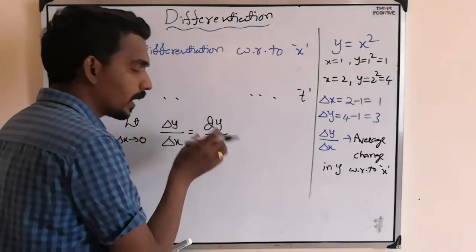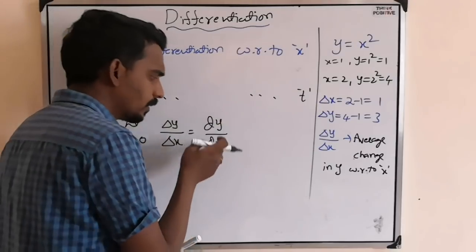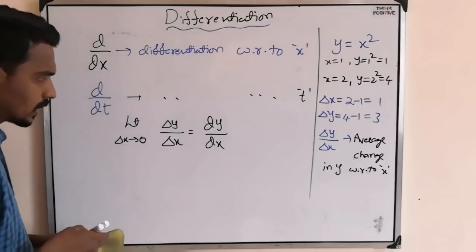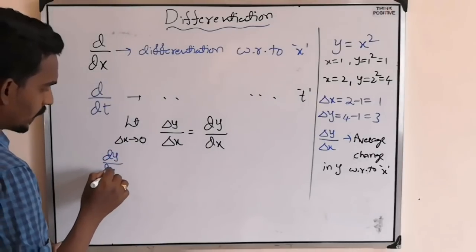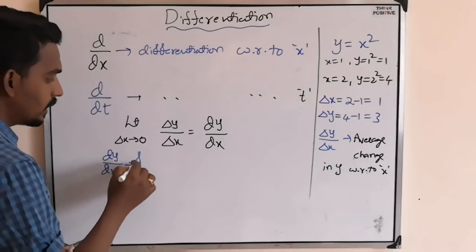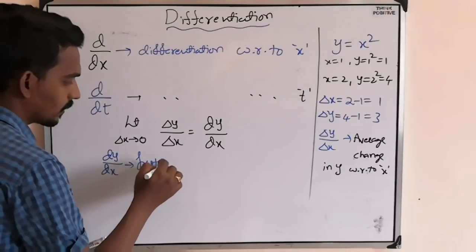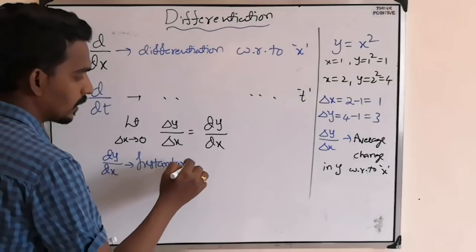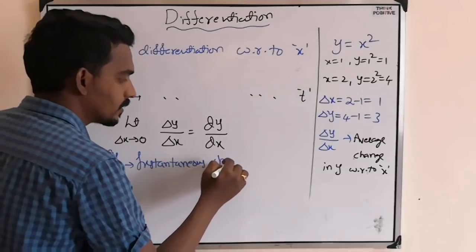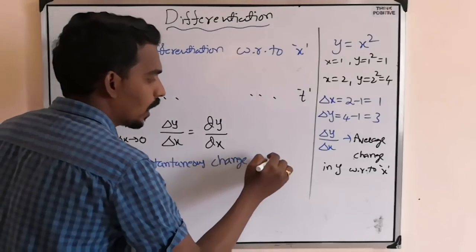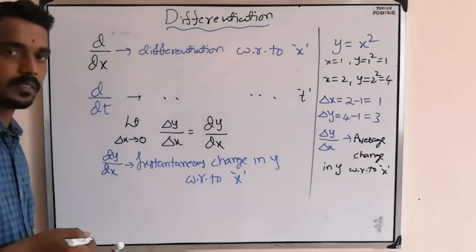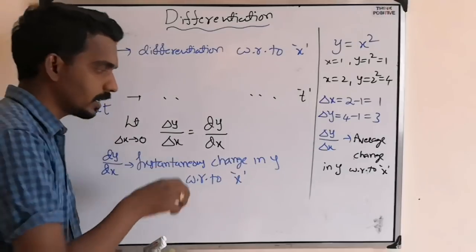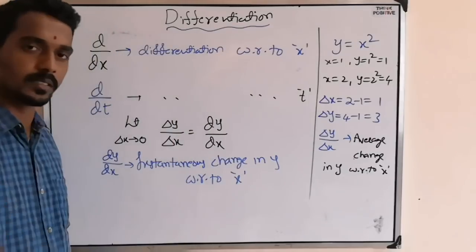That is called dy by dx, the change in y with respect to x. Now here what I will say is dy by dx is called the instantaneous change in y with respect to x.